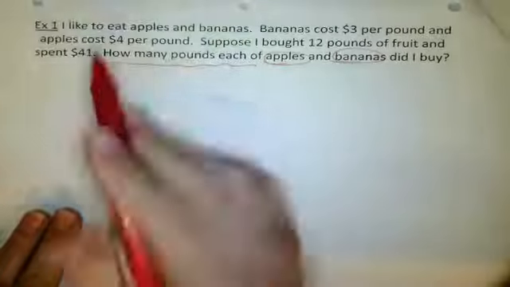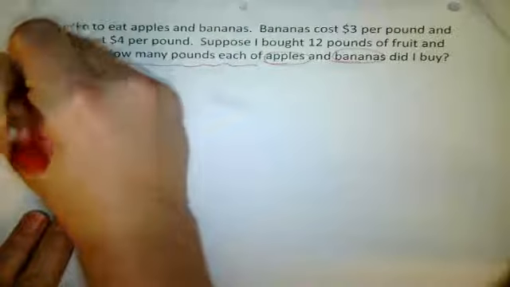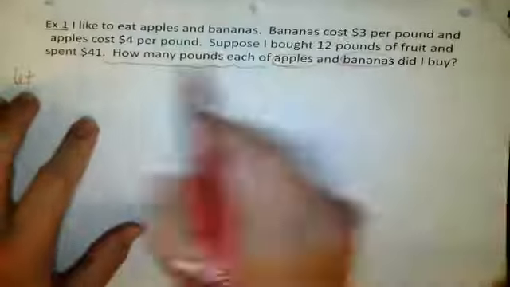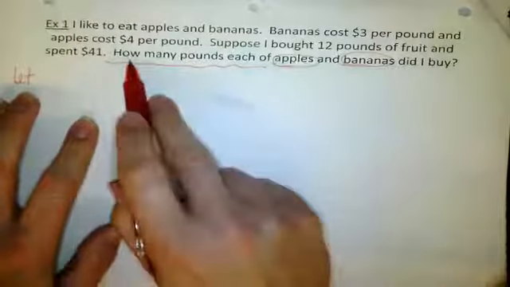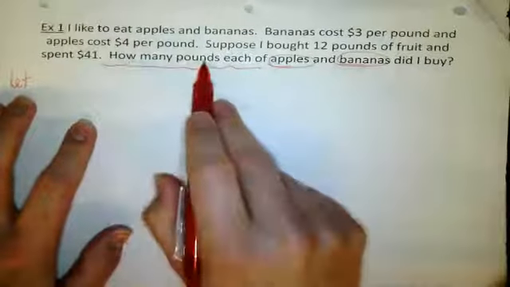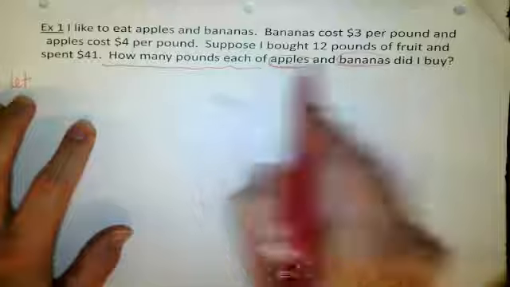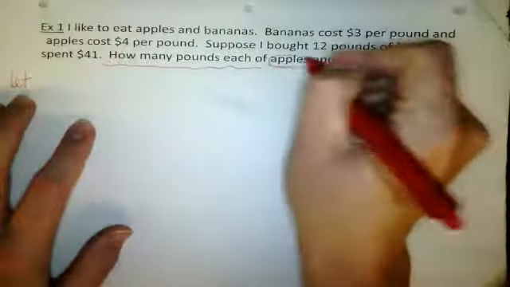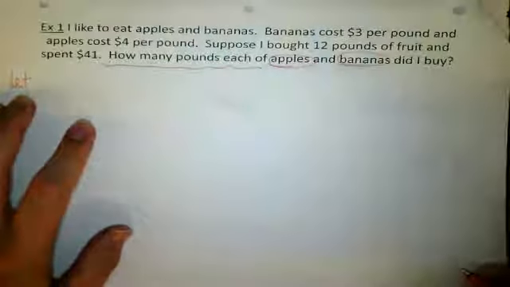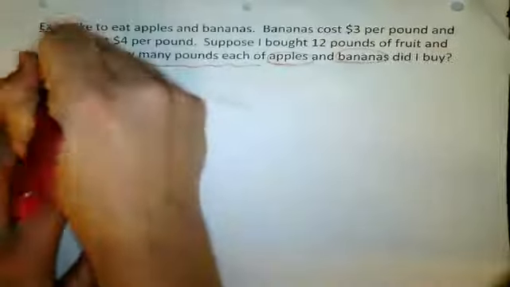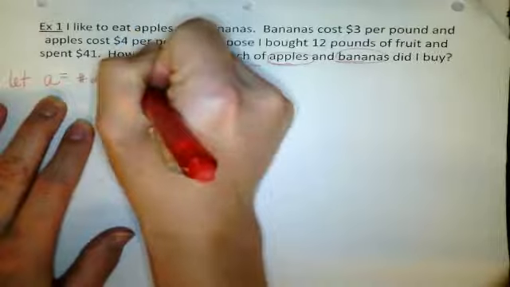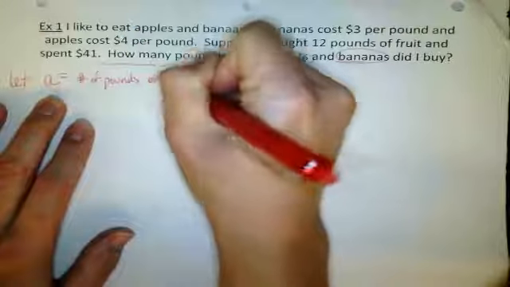All right, so we need to define some variables. The very first thing you're going to do is say, what do I need to find? I need to find how many pounds of apples I bought. What could I use to represent apples? A, great choice. We're going to let A equal the number of pounds of apples.